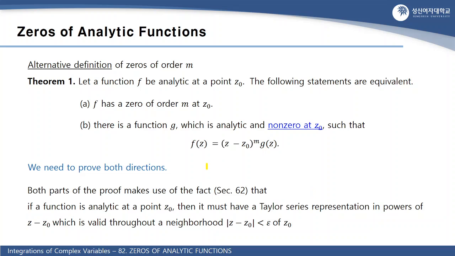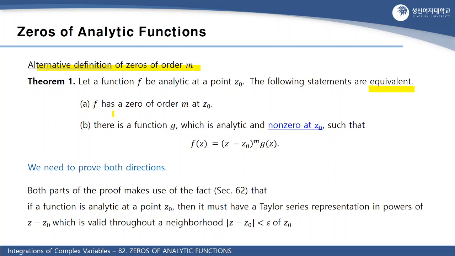Okay, next we will look at an alternative definition of zeros of order m. Here, the theorem says: let a function f be analytic at a point z0. The following statements are equivalent.